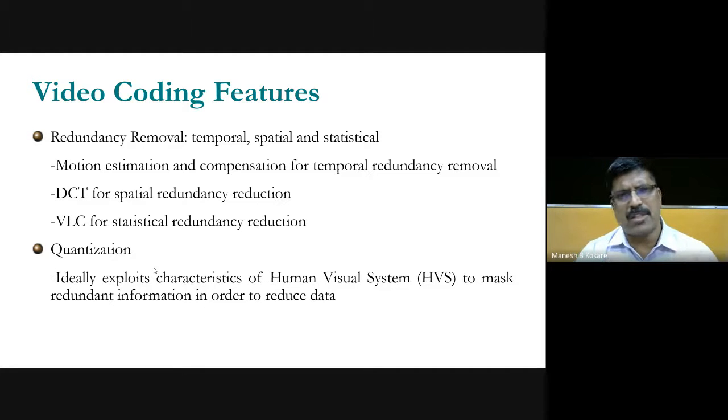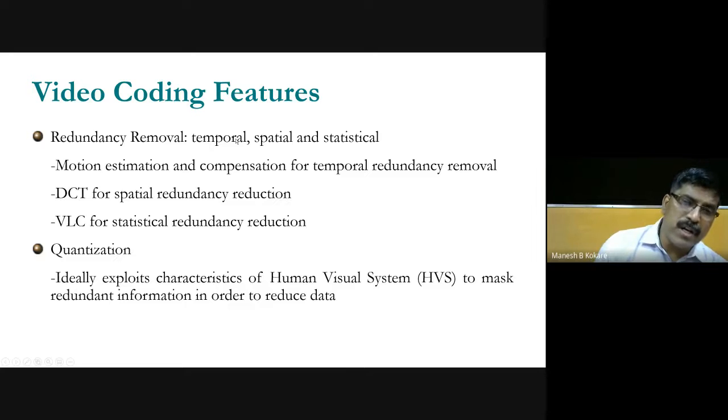Sending such redundant frames is of no use, so you have to send the important frames so that it will reduce the bandwidth, reduce the memory requirement, and increase the speed of transmission also. So in video coding, basically, temporal redundancy is removed.